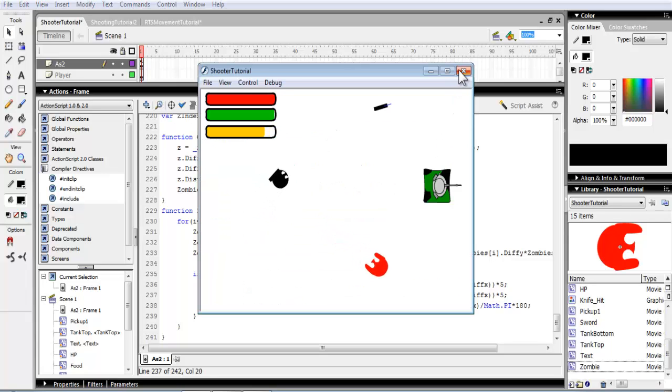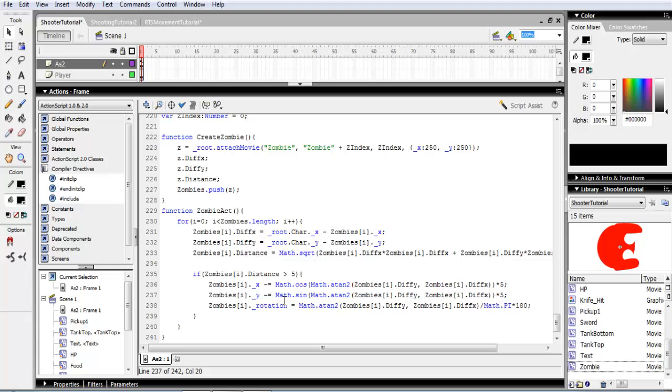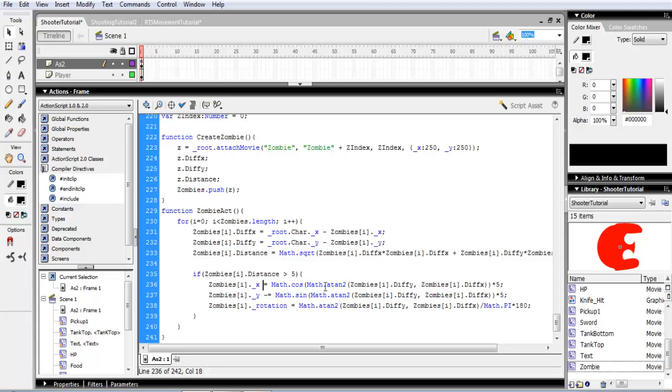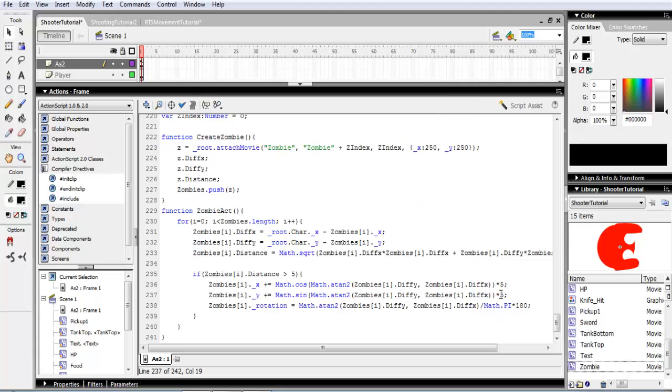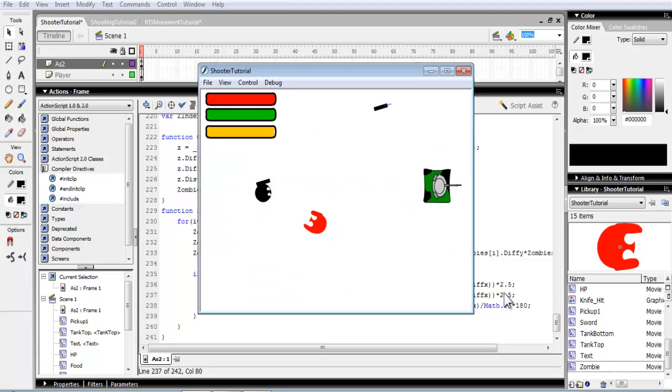There. But it's going the wrong way, so we need pluses. Basically trial and error at this. So basically, the enemy follows you. Like that. I mean, it's not the best. And he needs to be a bit slower because he is a zombie. That's just way too fast for a zombie. That's more like it.